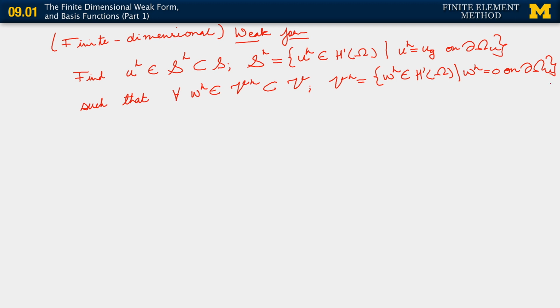Okay, find u^h such that for all w^h of this type the following holds: integral over omega w^h comma i J^h_i.